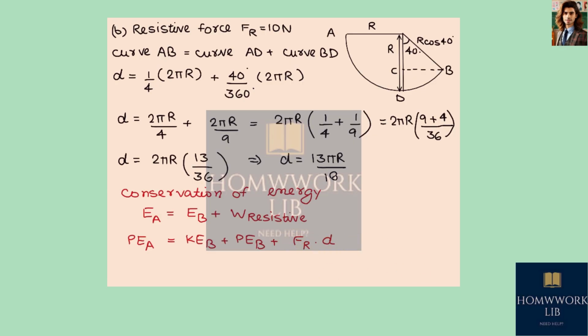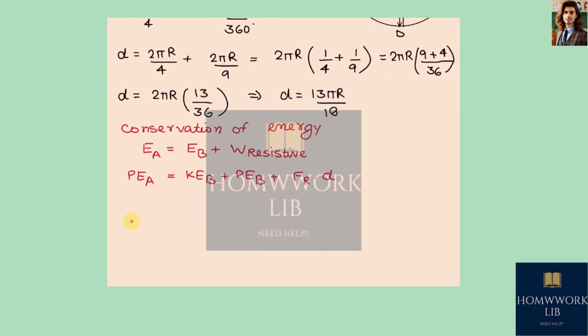So here we can write mgr is equal to half mv square plus mg times r minus r cos 40 degree plus 10 into 13 divided by 18 pi r.